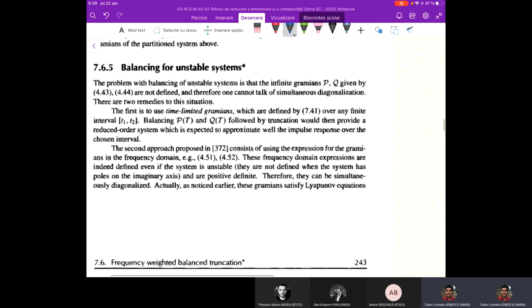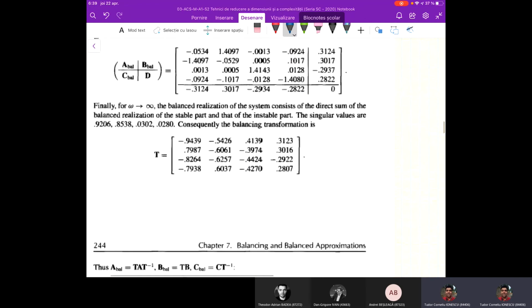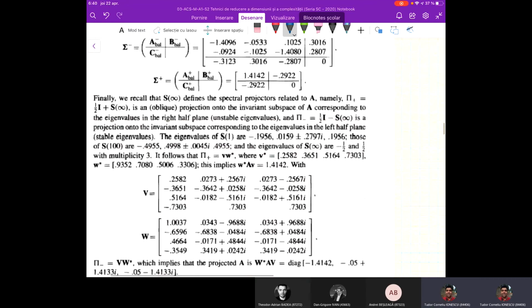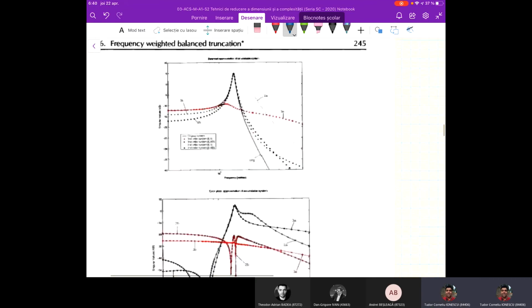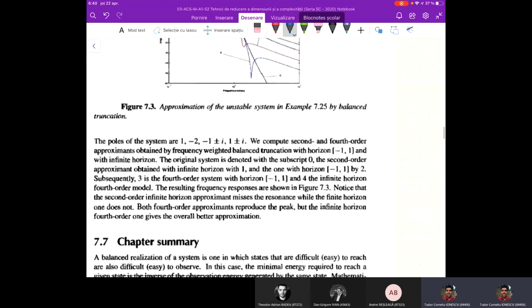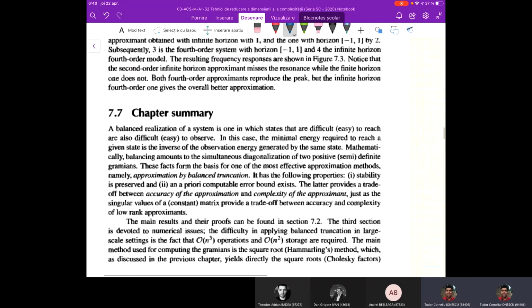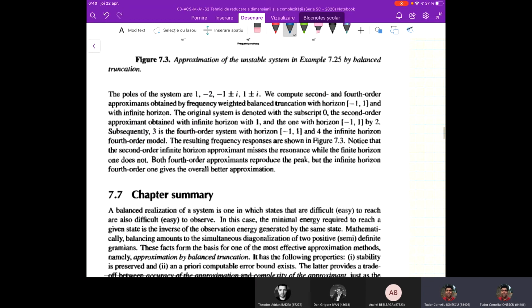And also you can do balancing for unstable systems. You can use time-limited gradients for that, and there is an illustration of the method here. You can also use the infinite time gradients to do model reduction for unstable systems.